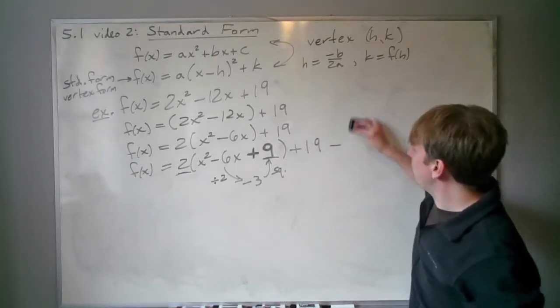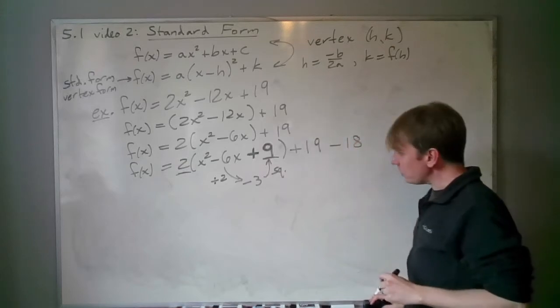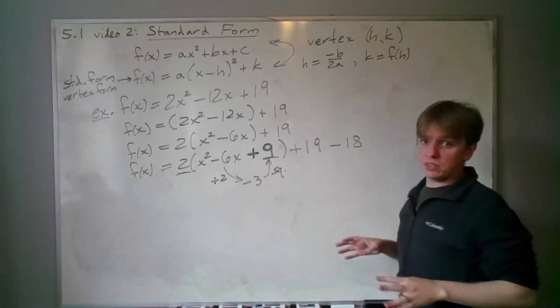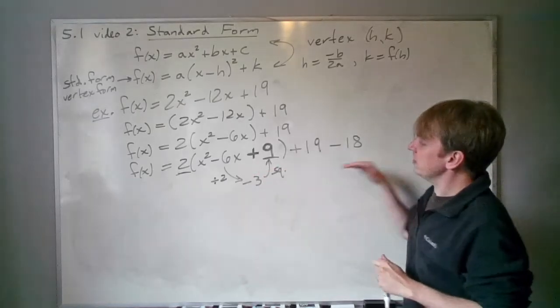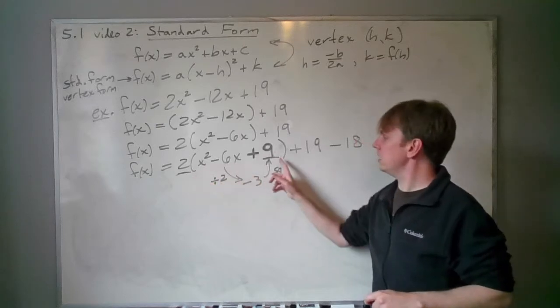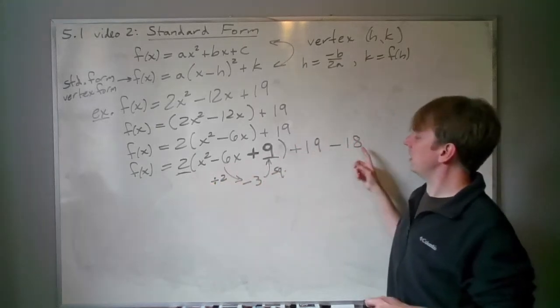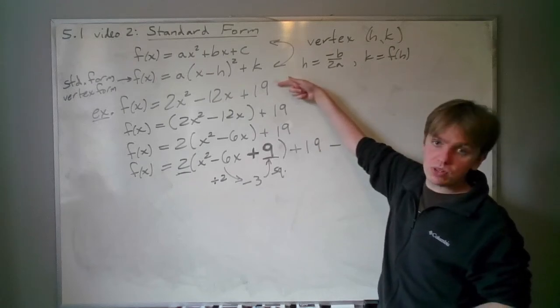So if I'm going to balance out the scales, I need to also subtract 18. This step is a little fuzzy and looks weird, but if you distribute out this line, you will see 2x squared minus 12x plus 18 plus 19 minus 18, and the two 18s will cancel and you'll get back exactly what we started with.